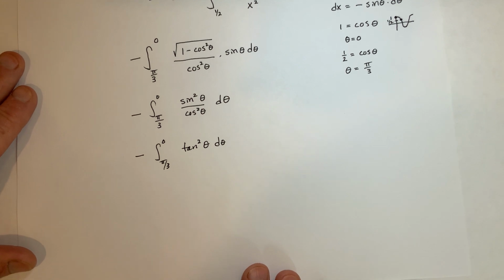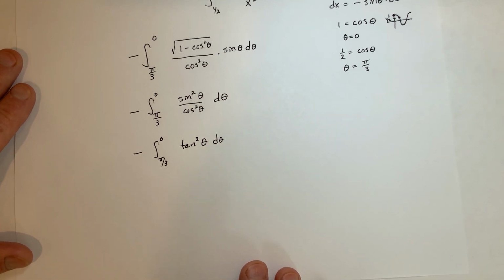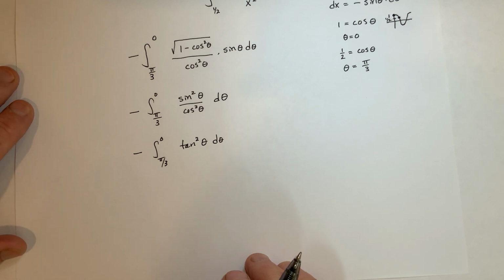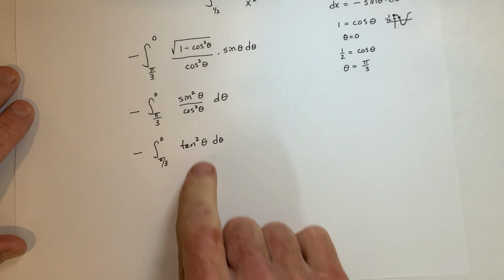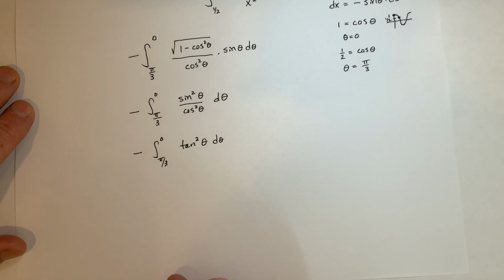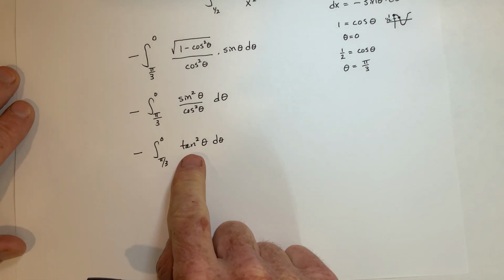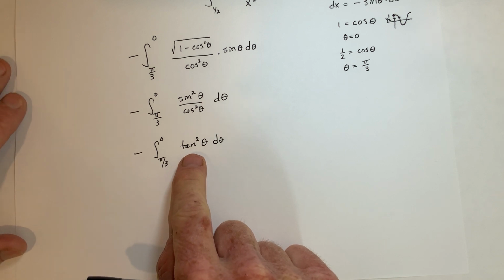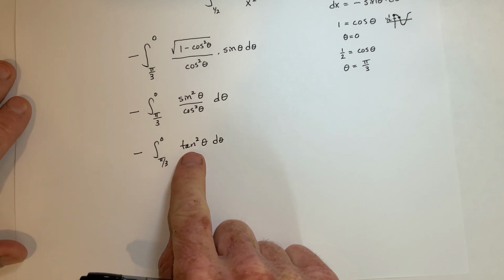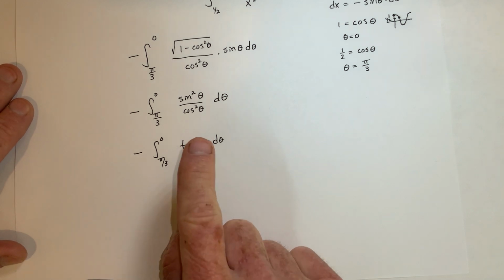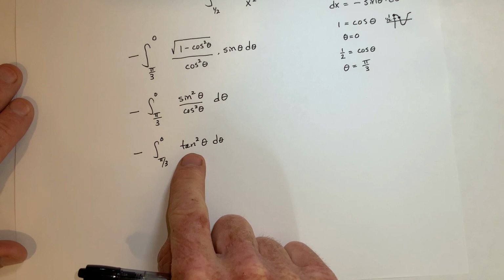Then, how do you integrate tangent squared? Well, if you think about the derivatives, the derivative of tangent is secant squared. That's not secant squared. The derivative of tangent is secant times tangent. That's not correct either. And if you tried u-substitution, you should let u equal tangent. And the derivative of tangent is secant squared, and there's still no secant squared in this problem.